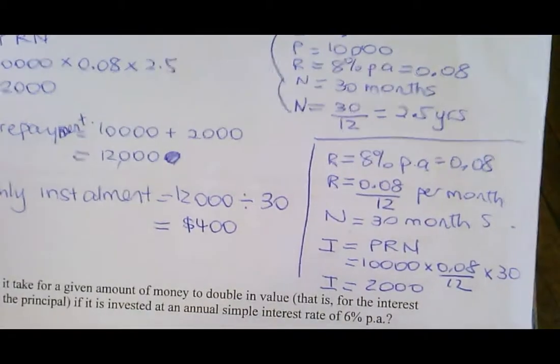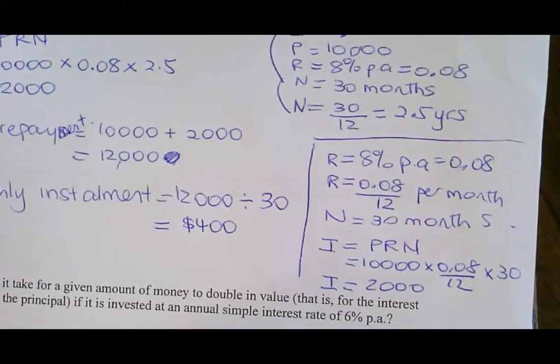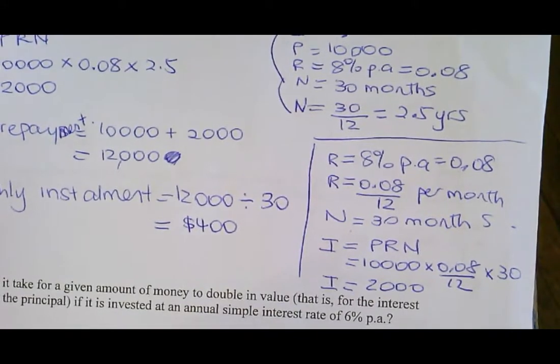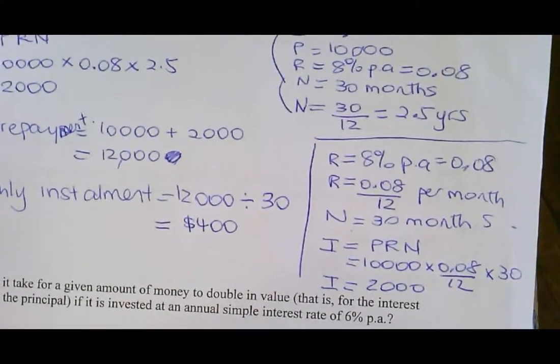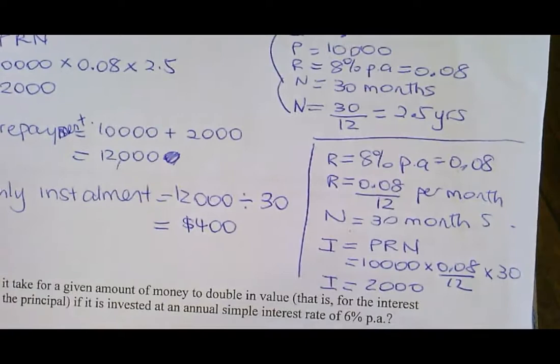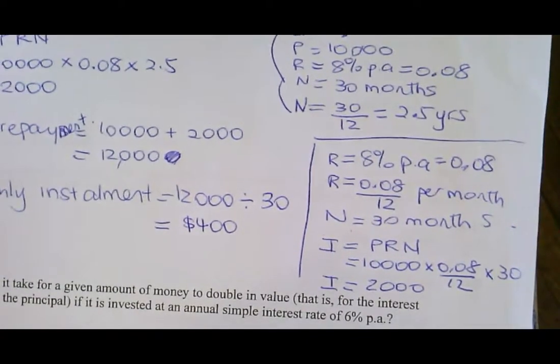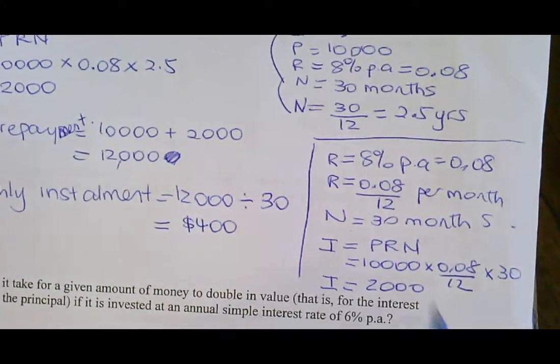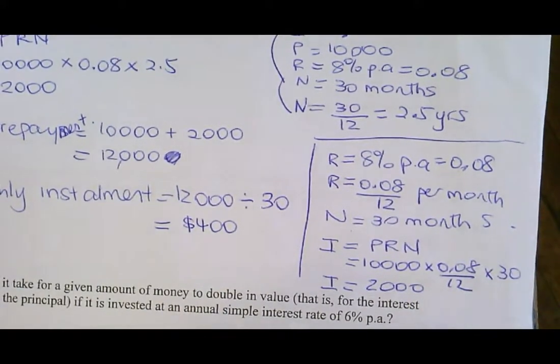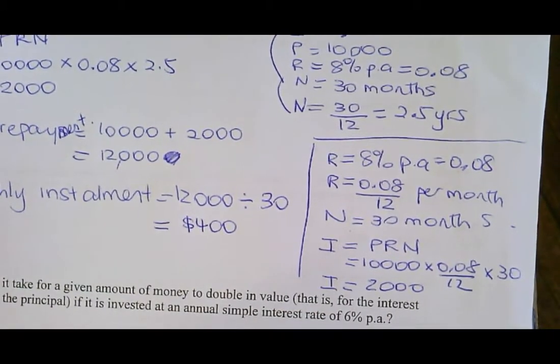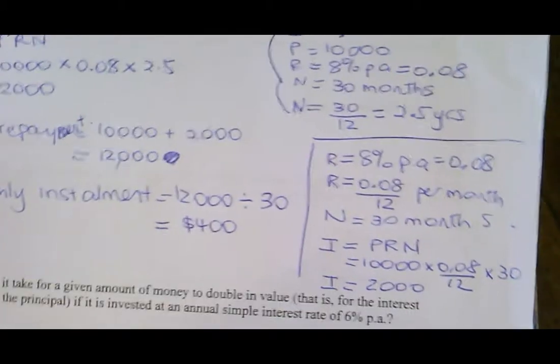Same as before, and then that gets added onto the 10,000, and you end up paying back 12,000 over 30 months. So it doesn't matter if one person changes the R and the other one changes the N. But let me tell you, it's so much easier to change N, which is why we often change N. If you change R and you don't keep it exact, you're going to end up with rounding errors. So where you can, please change N, not R.